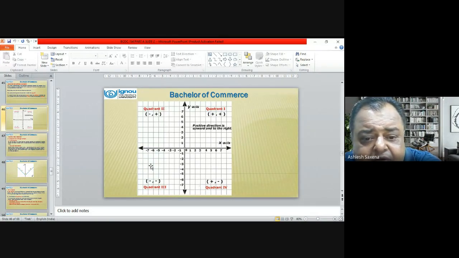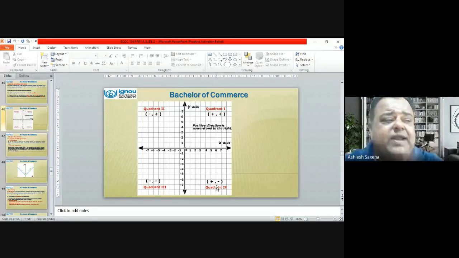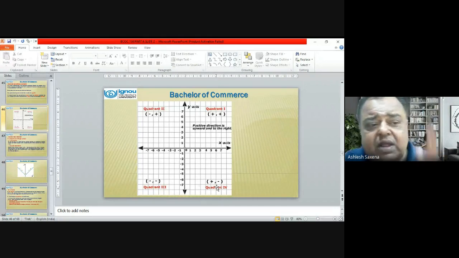In the third quadrant, here x is minus, y is minus. And in the fourth, x is plus, but y is minus. Straight away looking at the coordinate system, you can find out the actual position of that particular point in all these four quadrants.